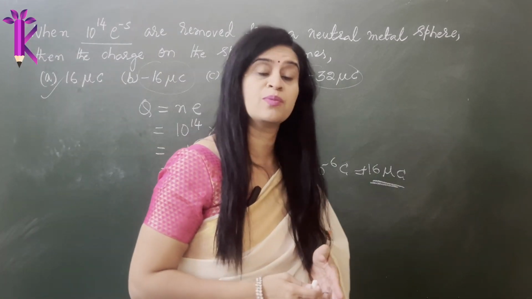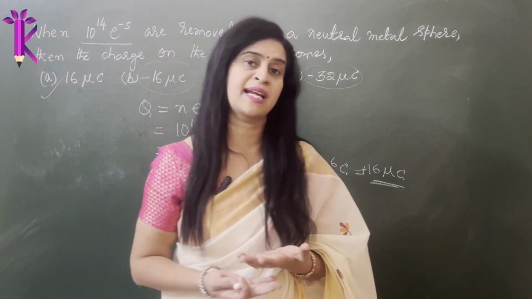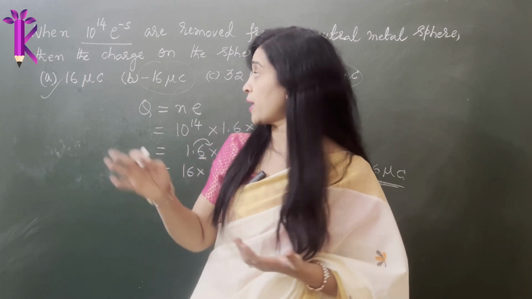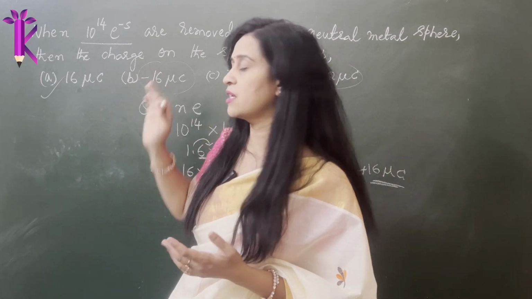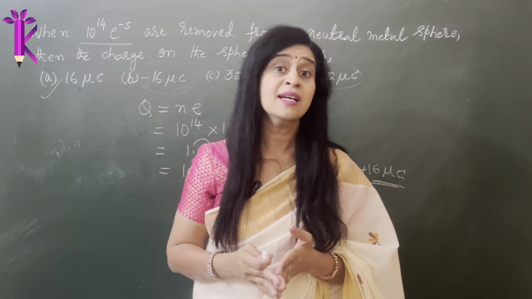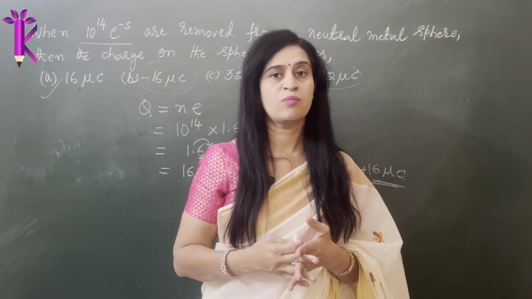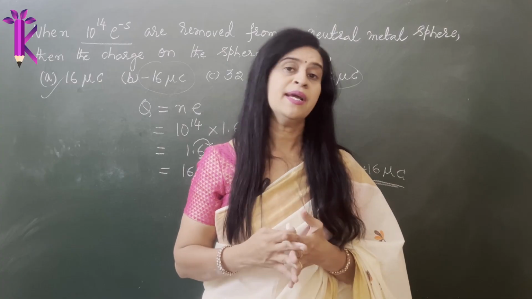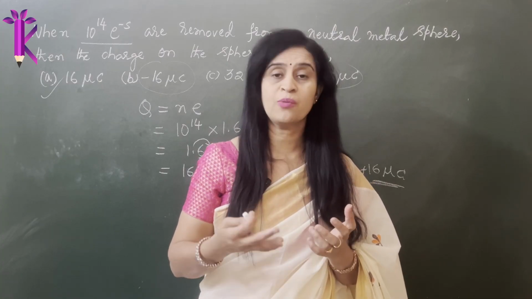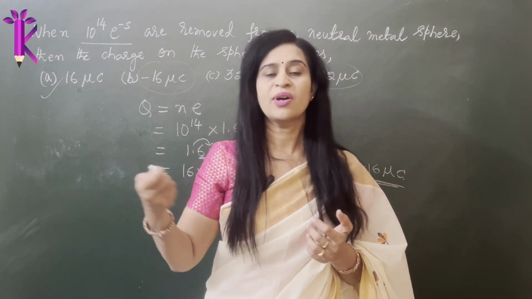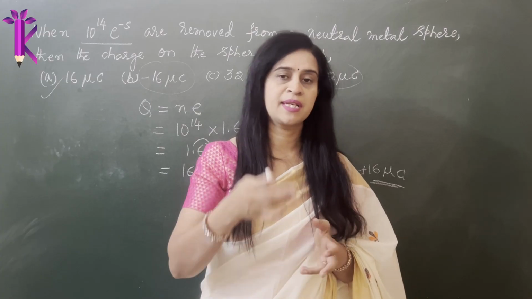So these kind of numericals, if you know the formula and if you understand the concept well, potentially to confuse you, they have particularly given plus and minus symbols in the answers, because they want you to know when you remove an electron from a particular point object, what will happen? It will be positively charged. So positively charged is the extraction of electrons from that particular metal.